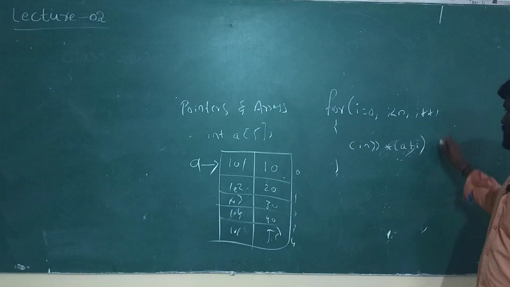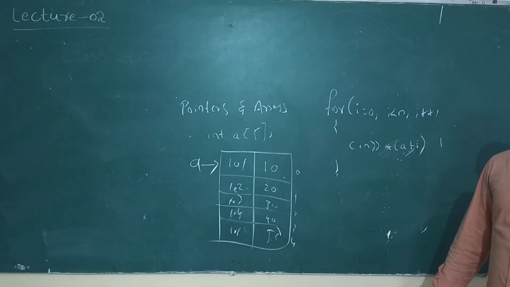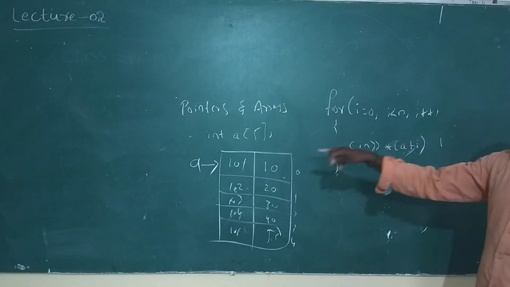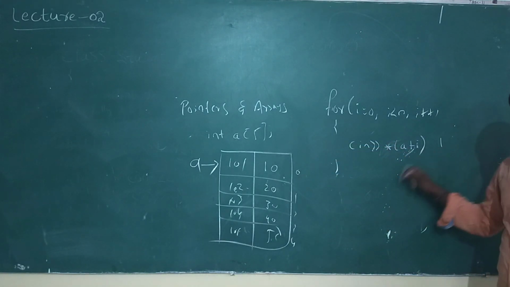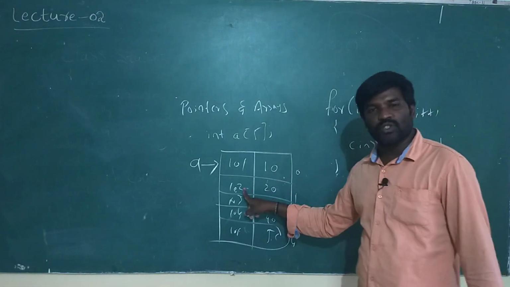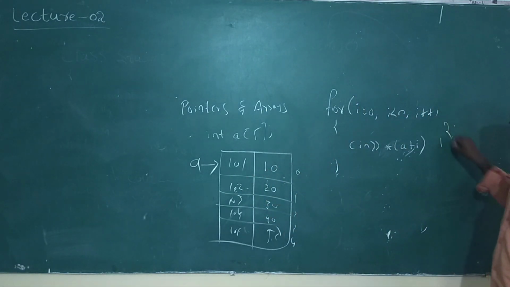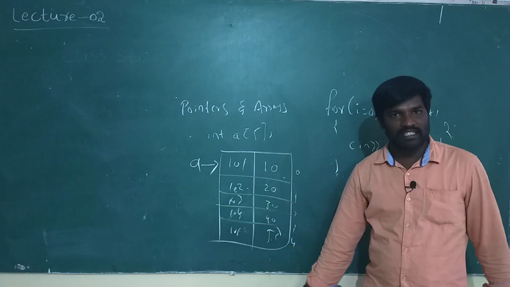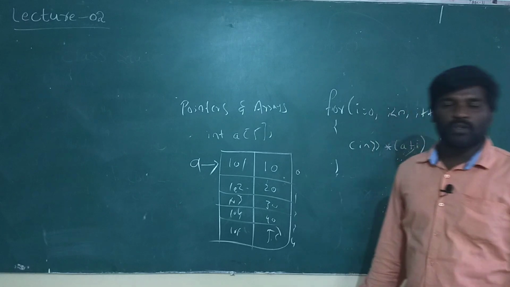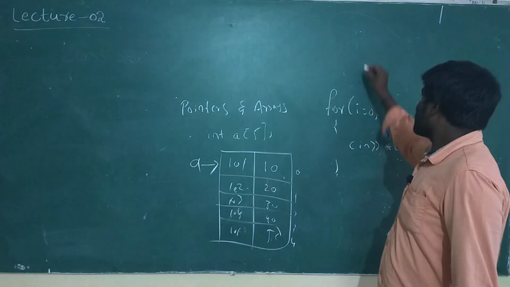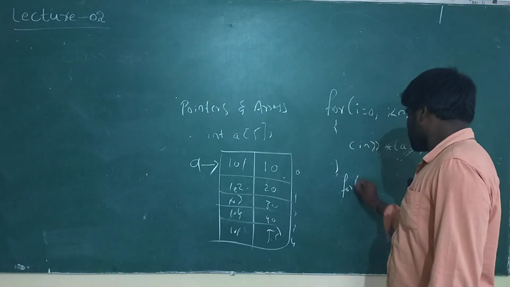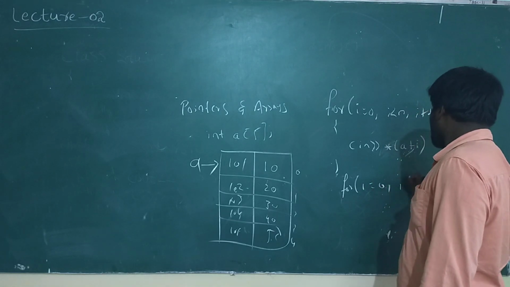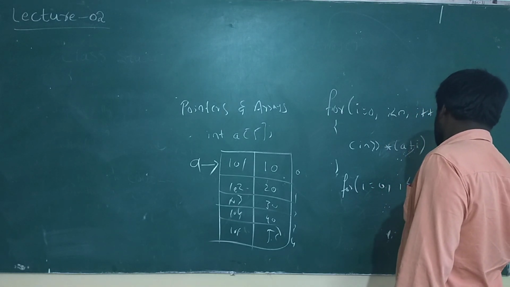Next i plus plus, i becomes 1. Here the base address is 101 plus 1 is 102. The second element is stored in 102. Next i becomes 2, that is 101 plus 2, 103, 104, 105, like that. If you want to print the array elements, again we have to use a for loop. For i is equal to 0, i is less than n, i plus plus.